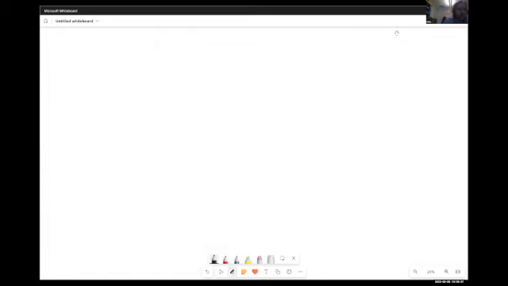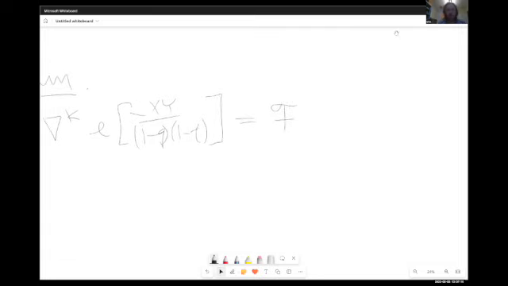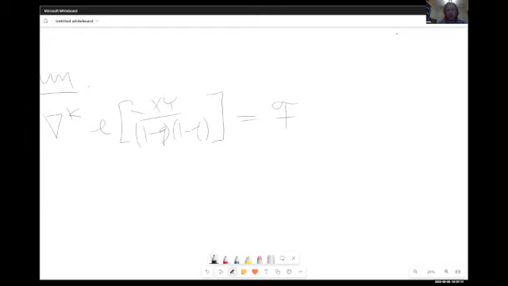So the statement, which I can say, is that the nabla operator applied to this element is equal to the Frobenius character of the equivariant homology of this space.